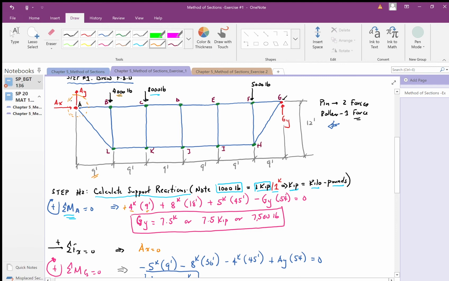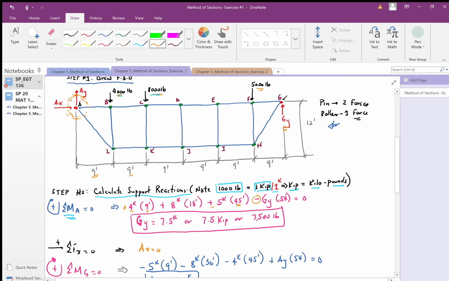The next force is 8,000 pounds, 18 feet away from point A, creating a positive moment. The next is 5,000 pounds, 45 feet away, also a positive moment. Then GY, my support reaction at G, is 54 feet away from point A and creates a negative moment.